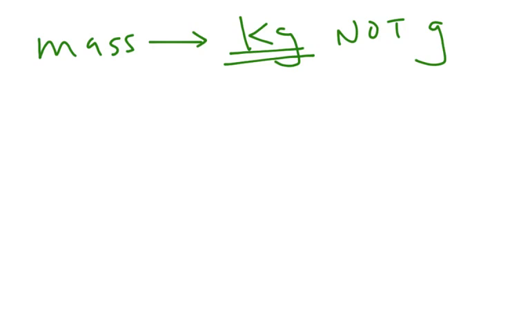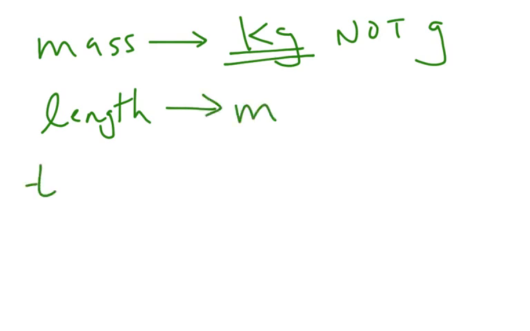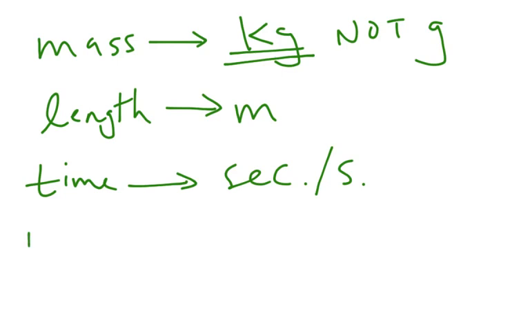Okay, and then the SI unit for length is meter, which is just M. The SI unit for time is seconds. Sometimes it's abbreviated just S. And then finally the SI unit for temperature is Kelvin.